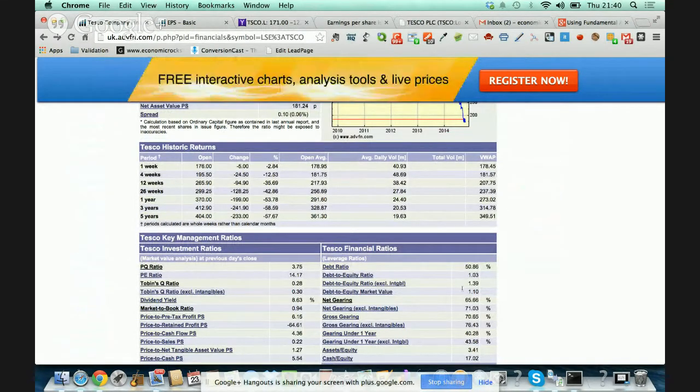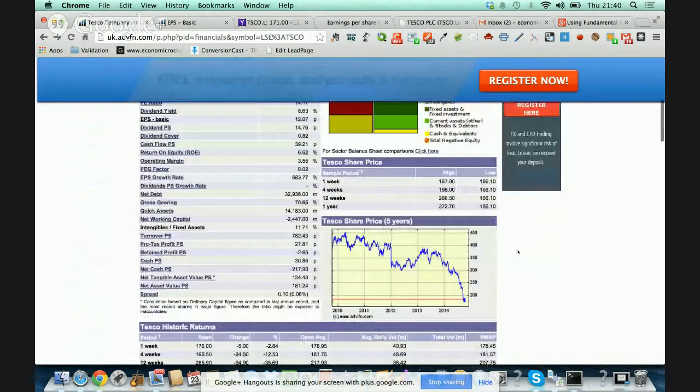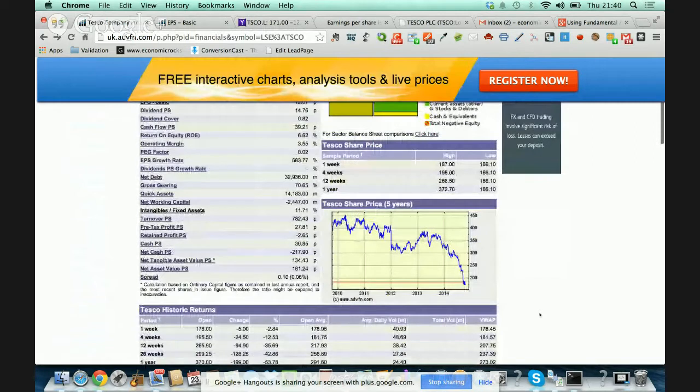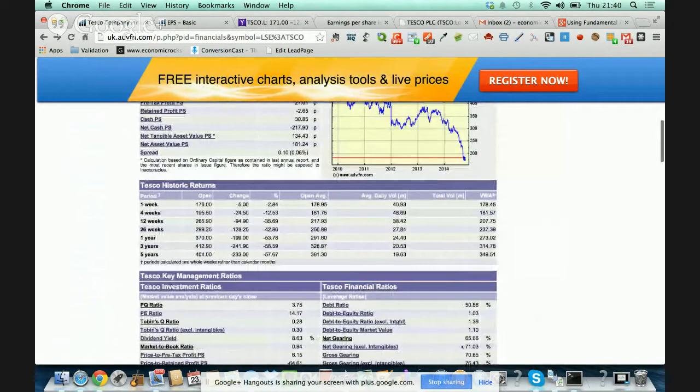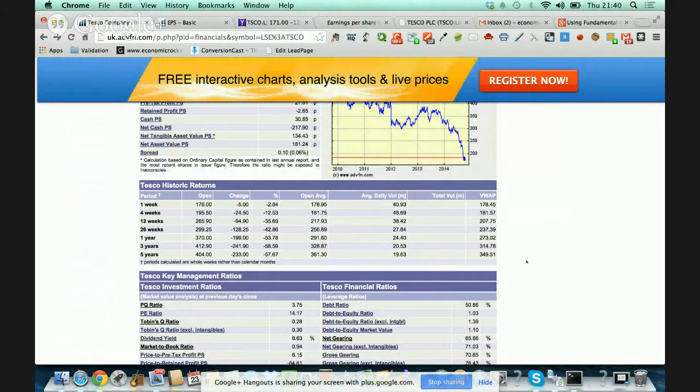If there were lower levels of debt and the earnings per share were healthy, as we might have here at 12p, then the company would be on a strong footing. But a highly geared company worryingly has to repay this, and that might again result in selling off some of its assets, because its assets are worth something according to Tobin's Q. So it could be a good way for this company to sell off and repay some of its debt.